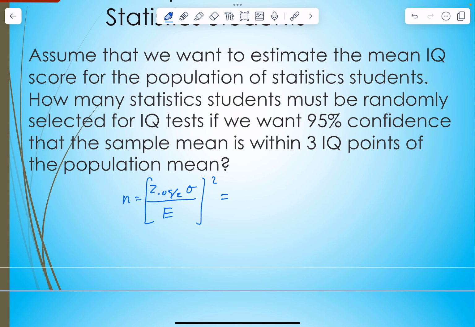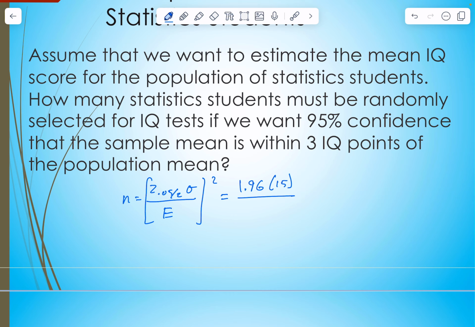I already know my critical value for the 95% confidence level. Sigma is pretty well known to be 15 for IQ tests.